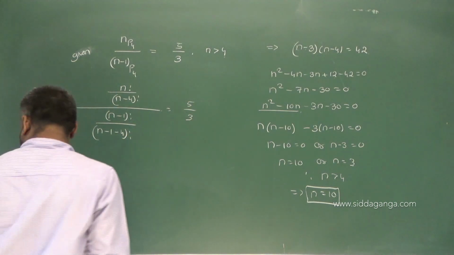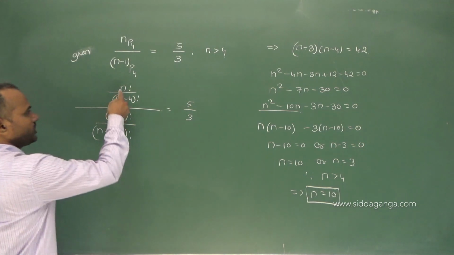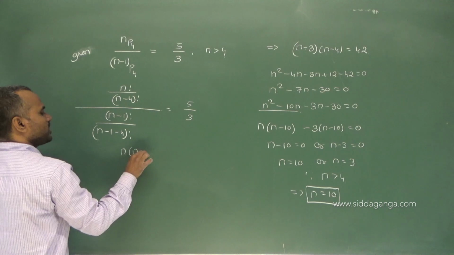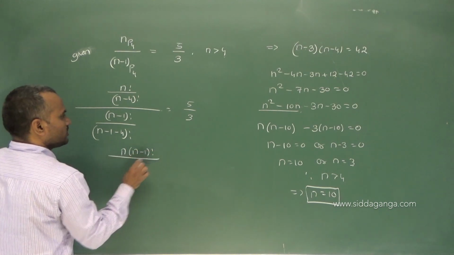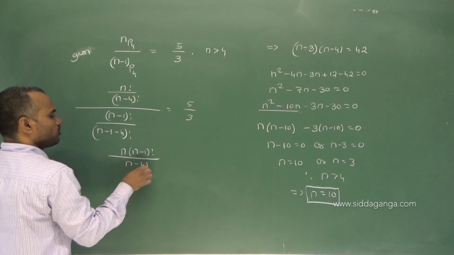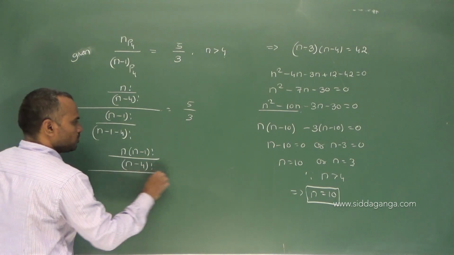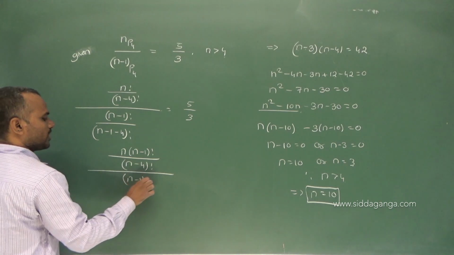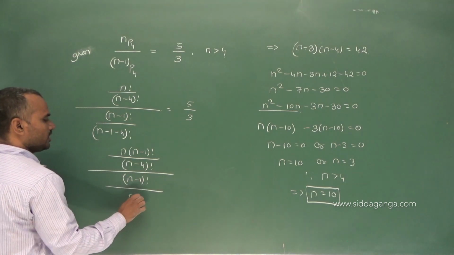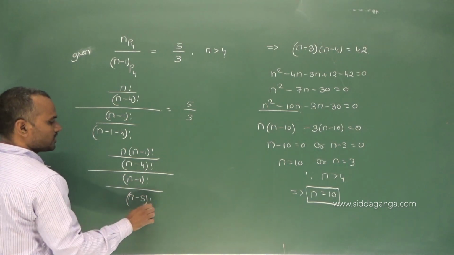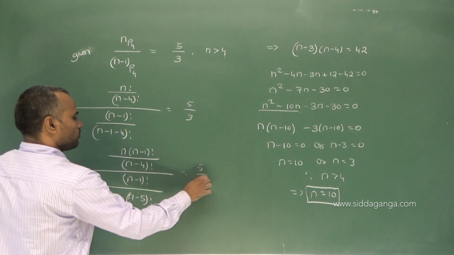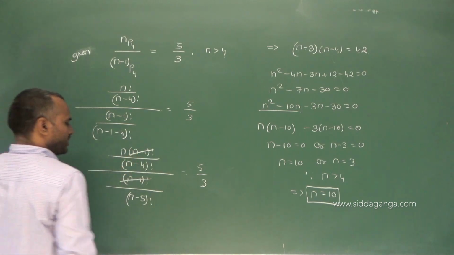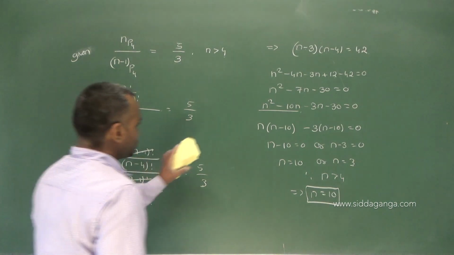So n into n minus 1 factorial divided by n minus 4 factorial, whole divided by n minus 1 factorial divided by n minus 5 factorial is equal to 5 by 3. n minus 1 factorial gets cancelled.